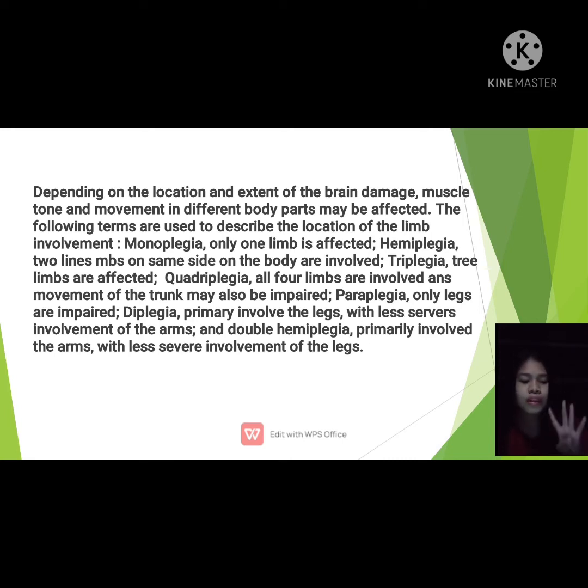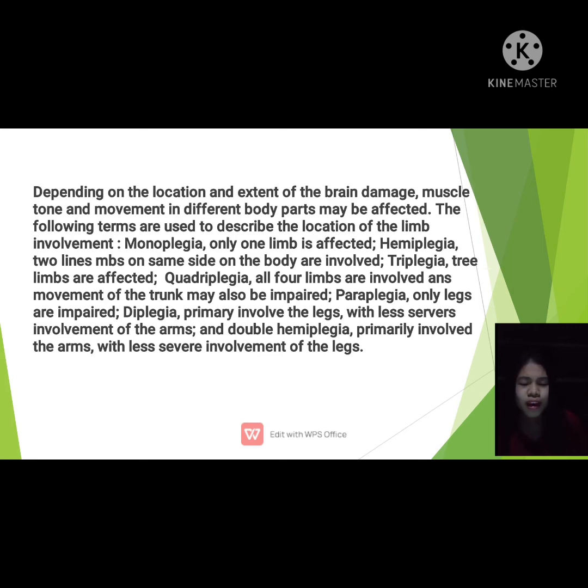Quadriplegia, all four limbs are involved, and movement of the trunk may also be impaired. Paraplegia, only legs are impaired. Diplegia, primarily involves the legs, with less severe involvement of the arms, and double hemiplegia primarily involves the arms with less severe involvement of the legs.